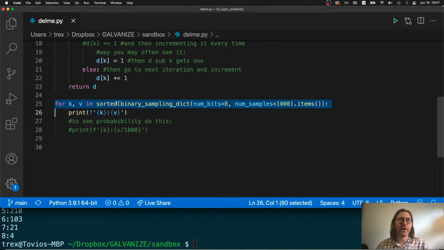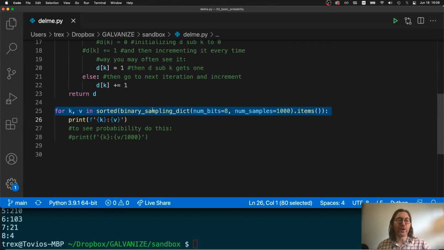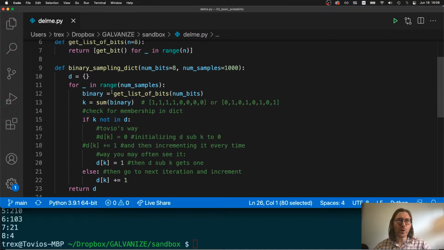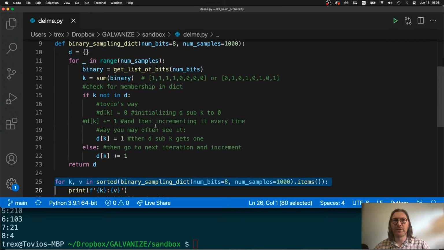That's going to get us much closer to the theoretical counts distribution that we would see if we generated those counts from the actual binomial PMF, as opposed to what we're doing here, where we're sampling and determining the counts.